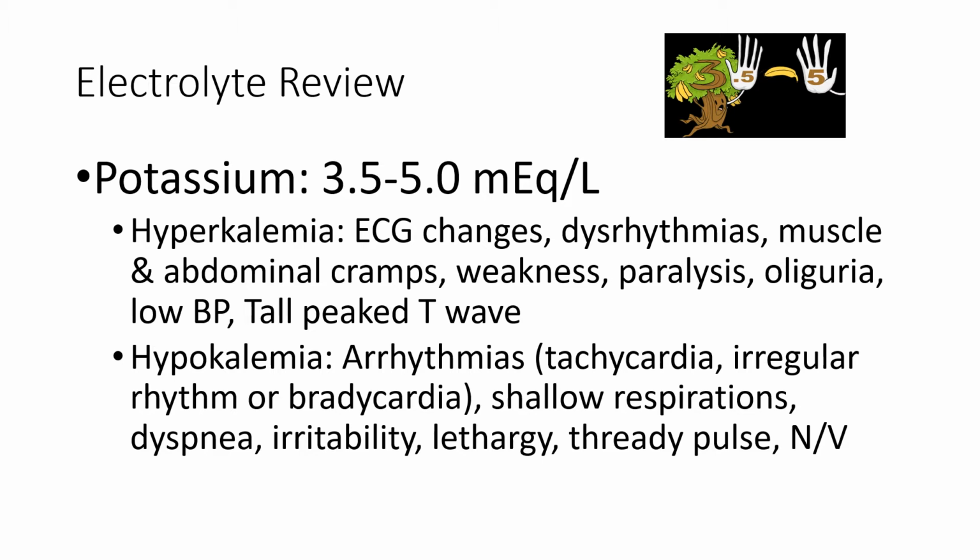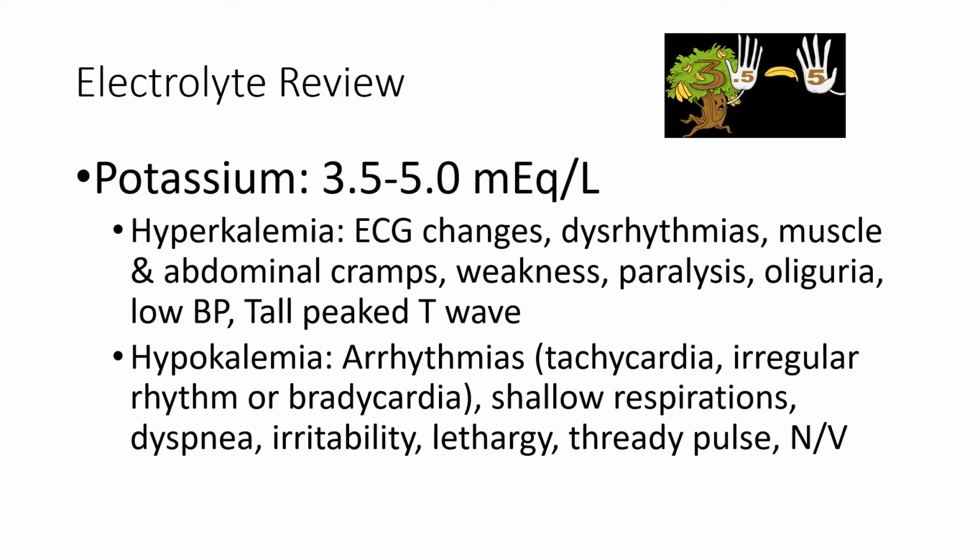Okay. The other thing that potassium is heavily involved in is muscle contraction and muscle strength, right? Remember the action potentials. So if your potassium is highly abnormal, then you're going to run into muscular cramping, weakness, paralysis. Oliguria, meaning reduced urine production, I would think of it as the other way around.